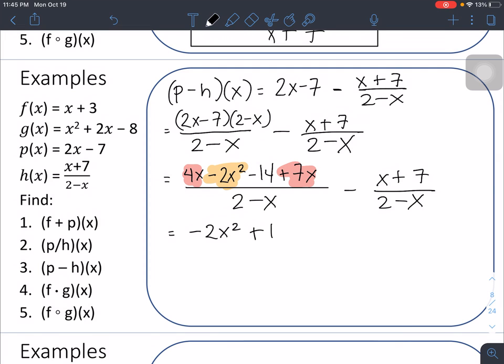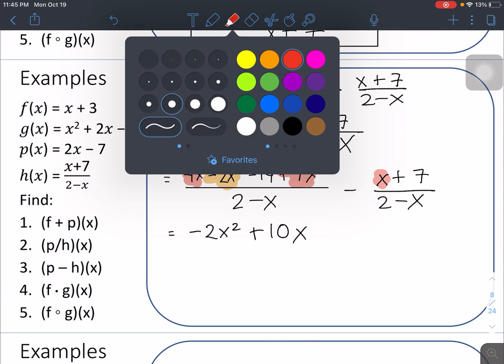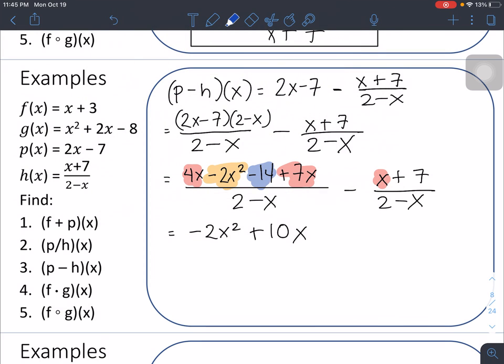So plus 10x. And for the constant terms, negative 14 minus 7 will be negative 21, all over 2 minus x.